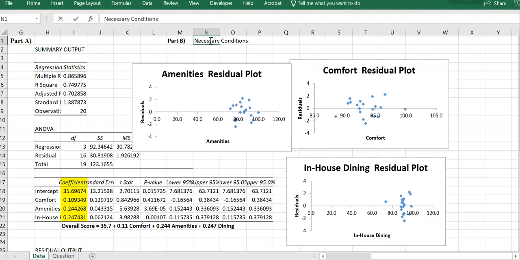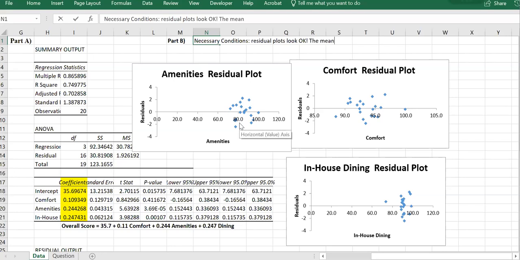Necessary conditions, residual plots look okay. The only probable violation of necessary conditions might be amenities.